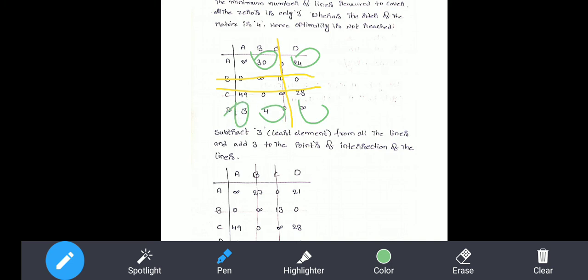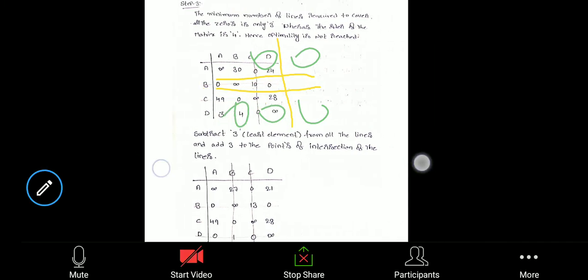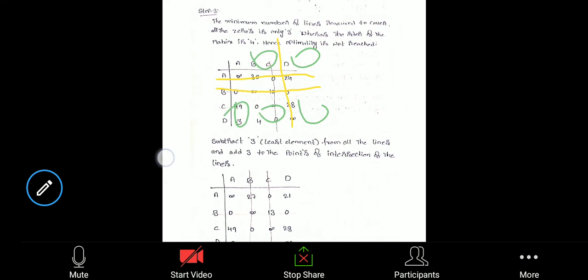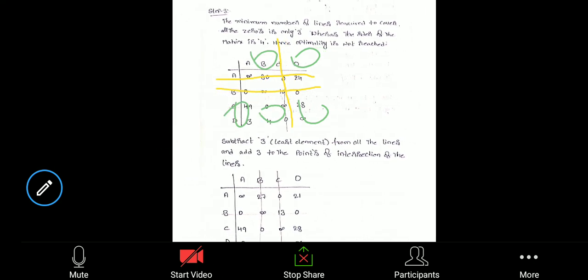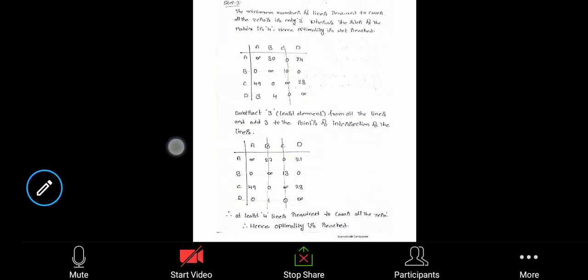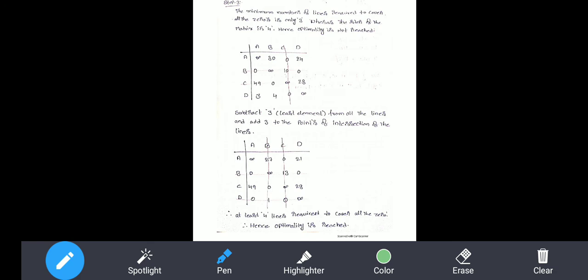So in that the least element will be 3. 3 will be the least element.